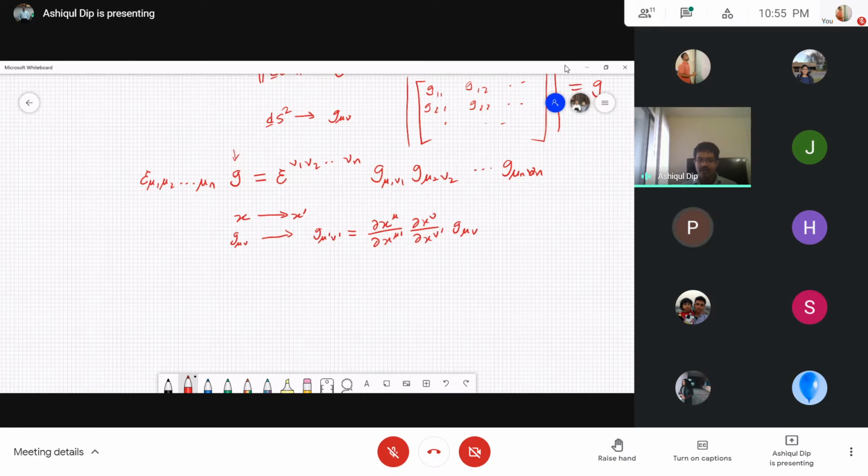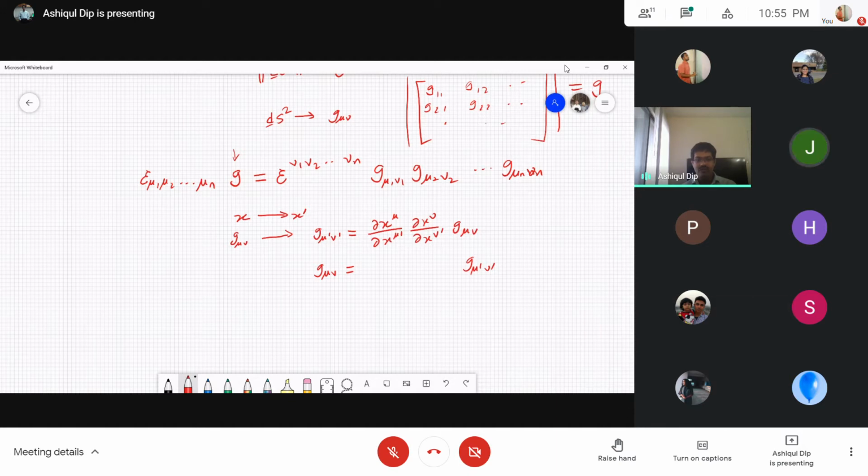I can proceed with that. Then, by just inverting the relation, I could write G mu nu equals something times G mu prime nu prime. And what would this something be?